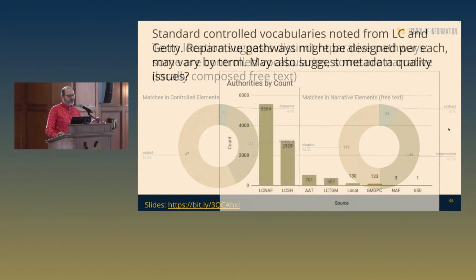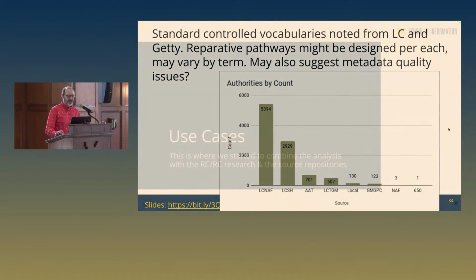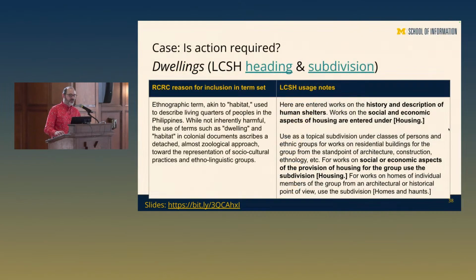So there are a number of use cases. I spoke too long, and I won't go through them in detail, but you will see how we developed these into essentially tables, which we were hoping to use as discussion pieces with potentially source communities. When you show people a graph of how many times the term appears, it's kind of useful, but what you really want is to have that as a starting point for a discussion.